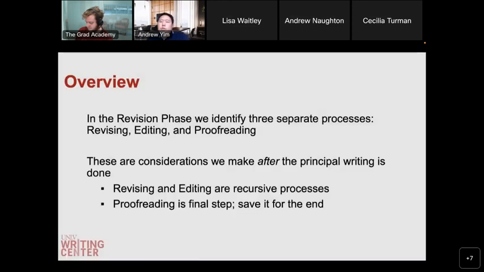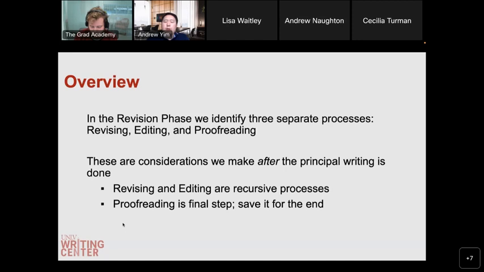So the first thing you want to think about when it comes to the revision phase is that there are three types of revisions: revising, editing, and proofreading. Between revising and editing, we call those recursive processes, which means that those are steps that will build on each other.